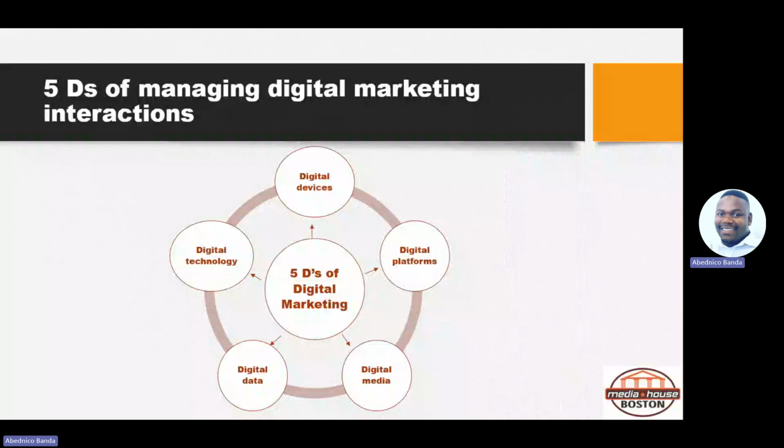Digital technology matters because platforms themselves are evolving. If platforms do not evolve, it becomes difficult for people to interact. Just look at the technologies that WhatsApp has had ever since it came into inception. At first, it was just double ticks. All of a sudden, you've got blue ticks.